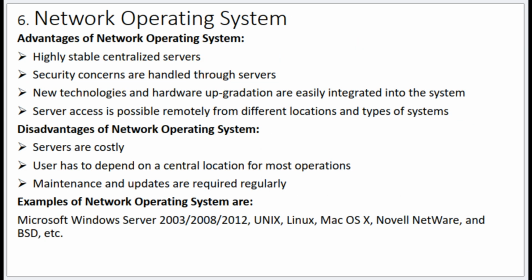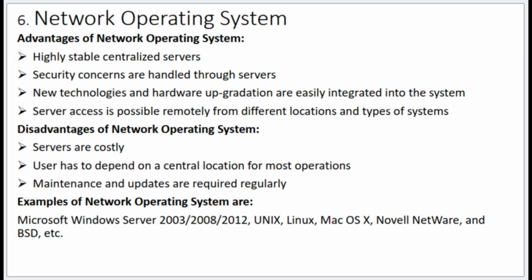Advantages of network operating system: highly stable centralized servers. Security concerns are handled through servers. New technologies and hardware upgrades are easily integrated into the system. Server access is possible remotely from different locations and types of systems. Disadvantages of network operating system: servers are costly.